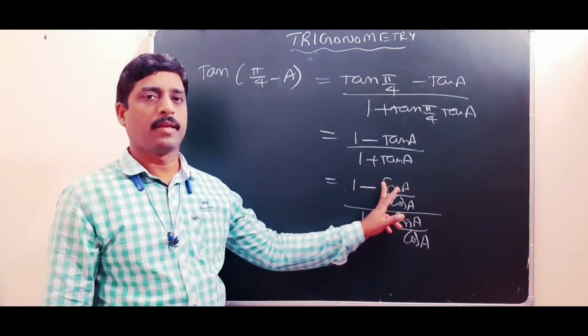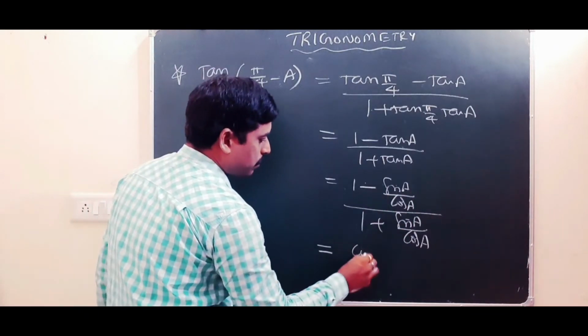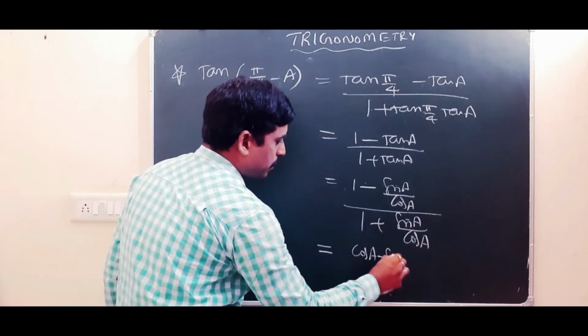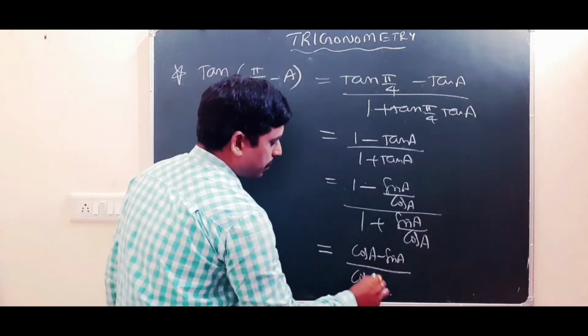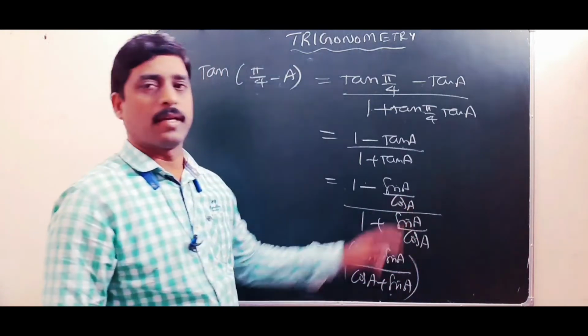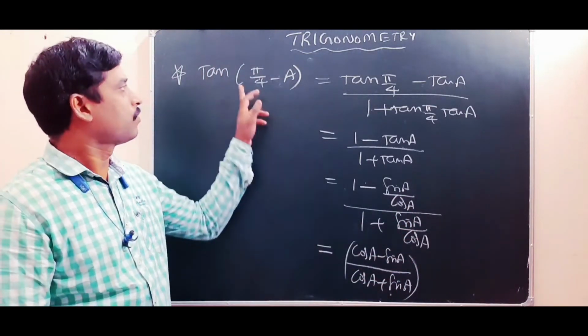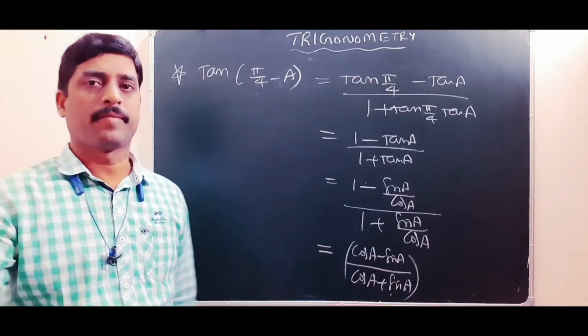Cos a minus sin a by cos a plus sin a. After LCM, cos a gets cancelled. So the tan(45° − a) formula is (cos a − sin a) by (cos a + sin a).